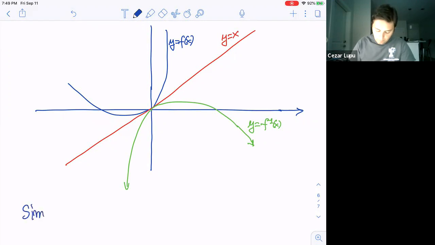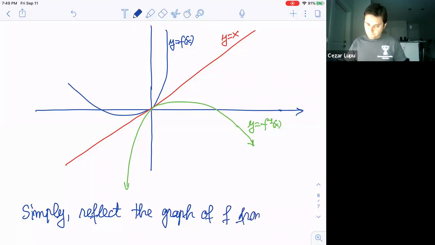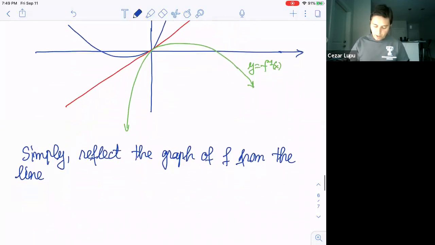Simply reflect the graph of f from the line y equals x.